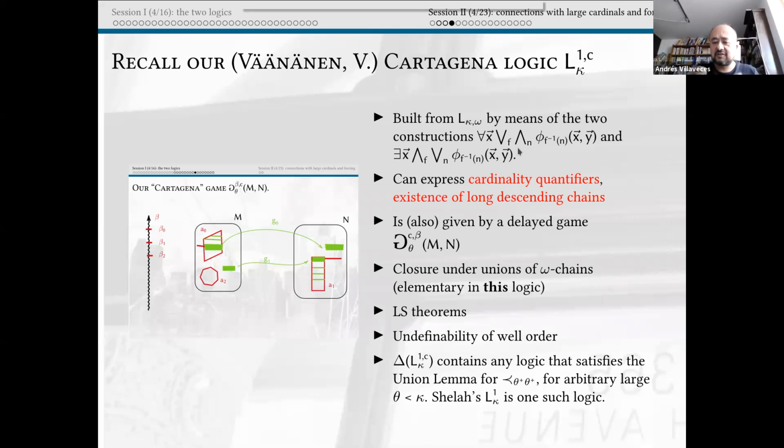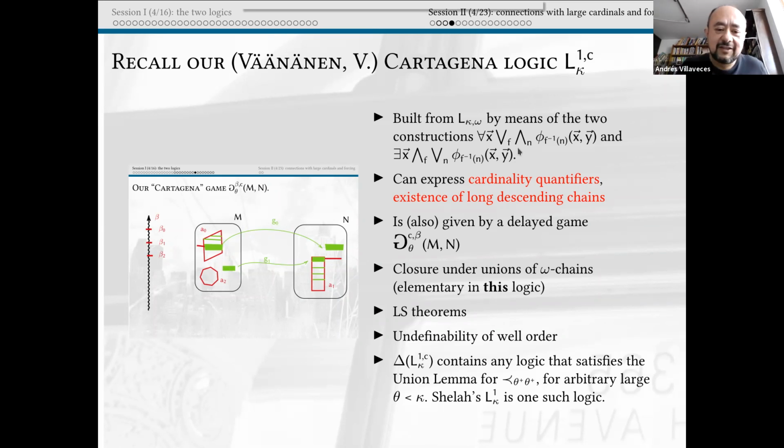So these logics see a lot of combinatorial properties of objects like trees and also more set theoretical items that are important in model theory. This also has closure under unions of omega chains from a different argument, and just elementary in this logic. So it has a better closure property than the Shelah logic, I would say. So it has good things, better syntax, better closure properties, and bad things.